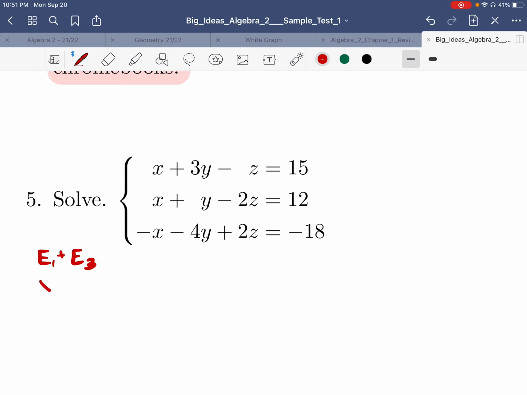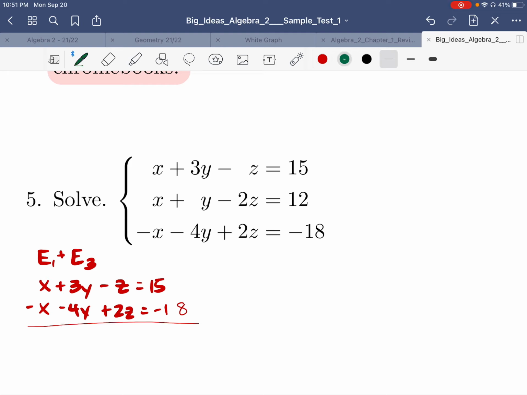E1 is x plus 3y minus z is equal to 15, and E3 is negative x minus 4y plus 2z is equal to negative 18. Just to combine these two equations together, and this is going to give you a new equation, and I call this equation E4.